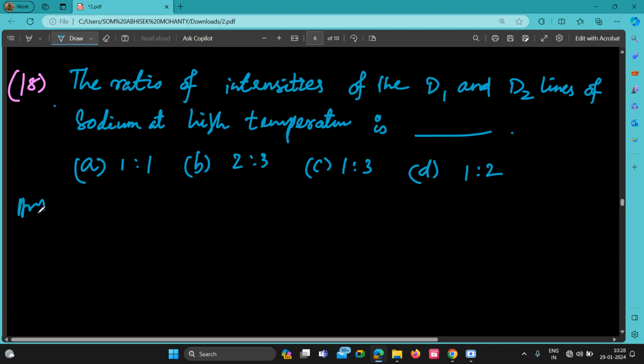The ratio of intensity of the D1 and D2 lines of sodium at high temperature is, so try this question.